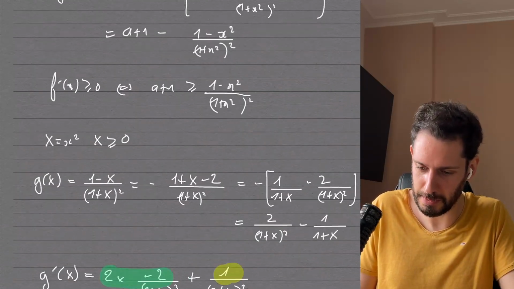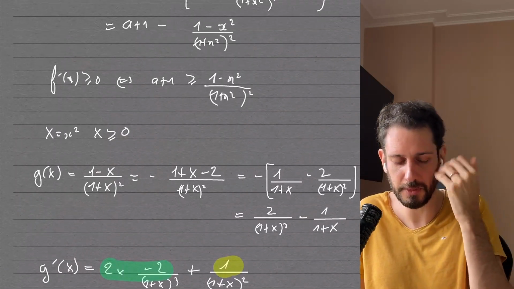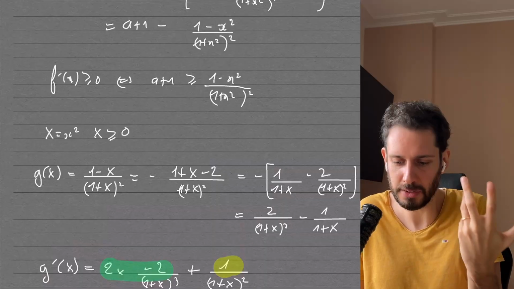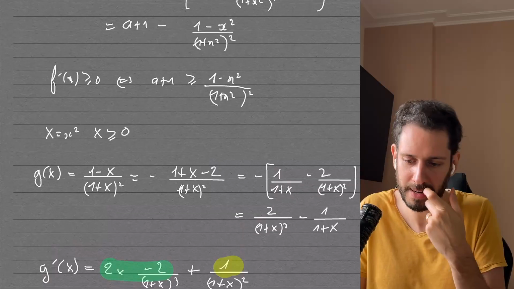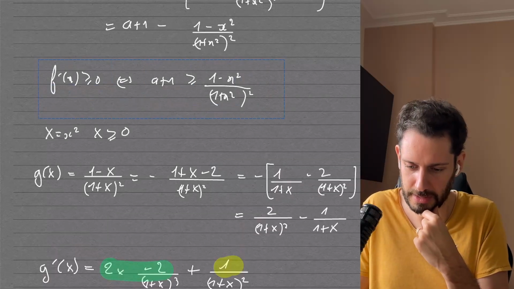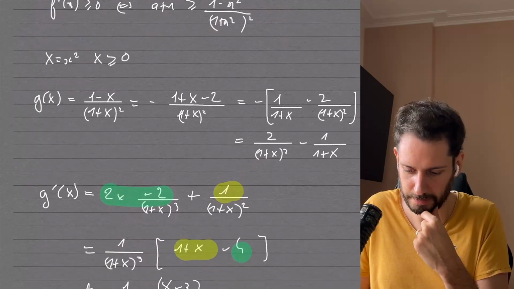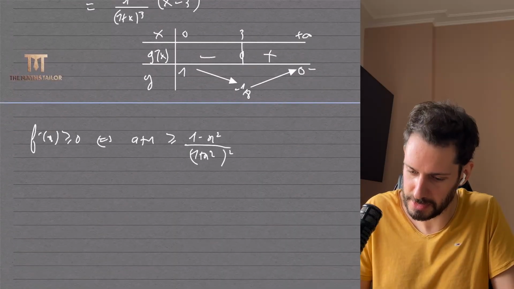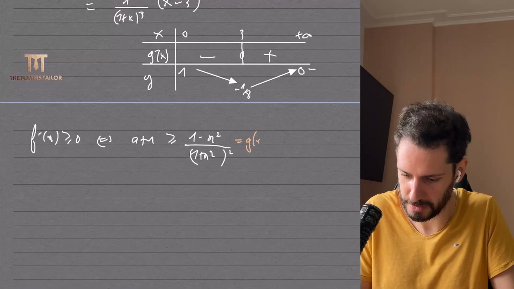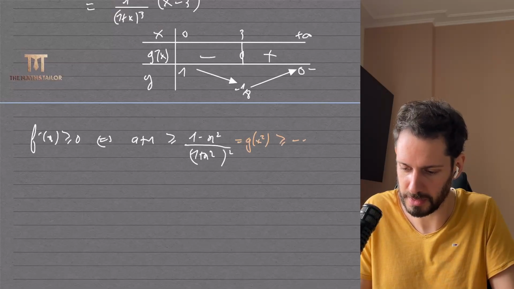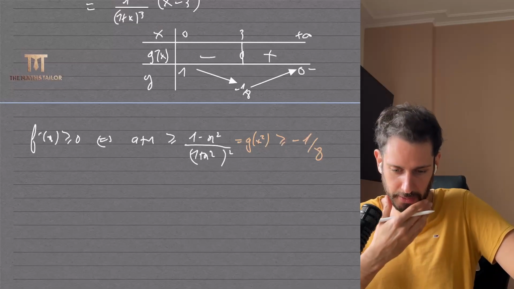So let's say now, okay, I have proven, in my mind, I thought I would need to prove that g was always smaller than 9 over 8 or something, but let's check properly what I have found here. I have this thing here that I just duplicate. I have proven that this equals g of x squared if you want, and I know that this is bigger than minus 1/8.